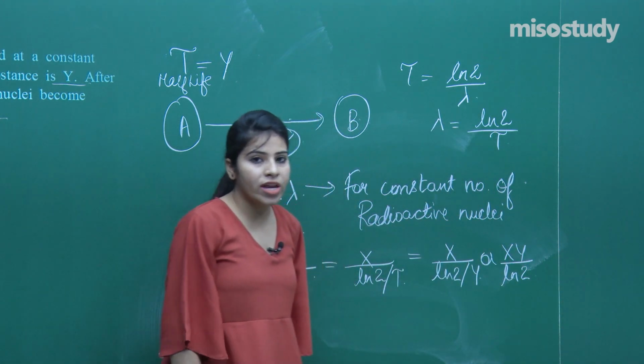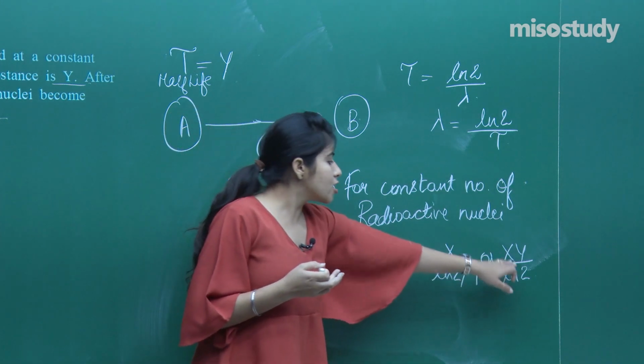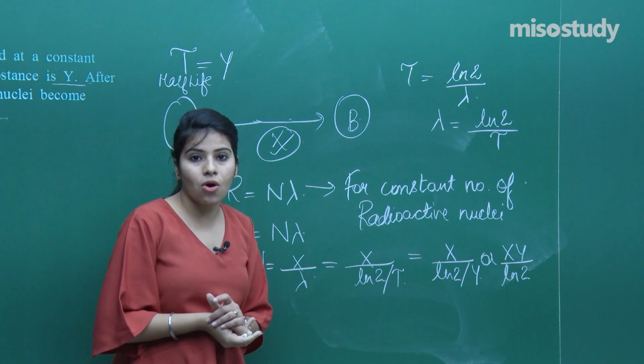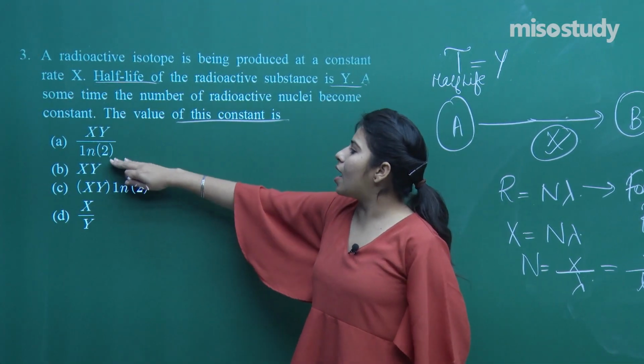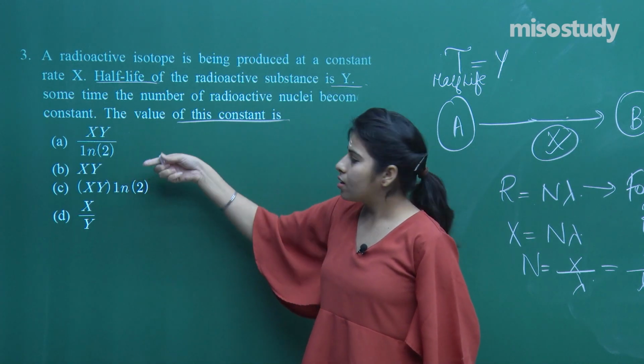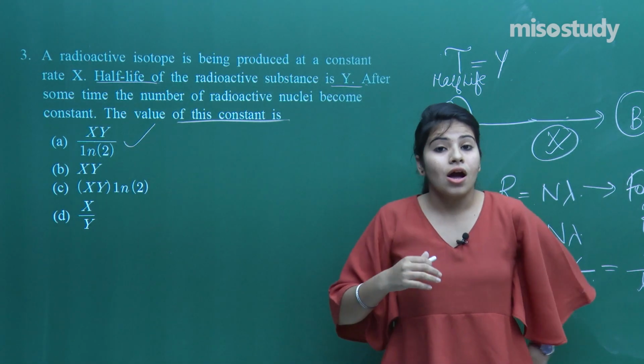Now let me verify whether there is any option having xy upon log 2 as the constant. Yes, I can see that option A has xy upon log 2 as the answer that we have gained here.